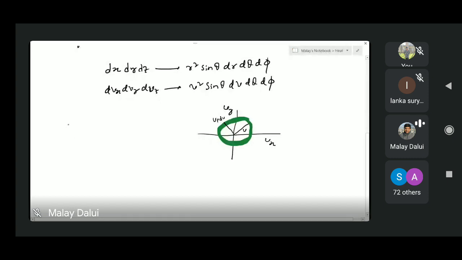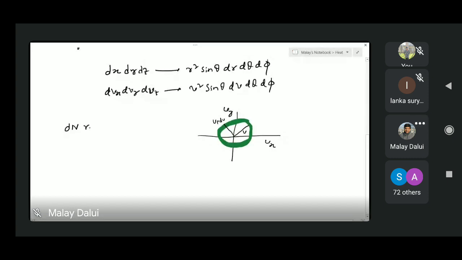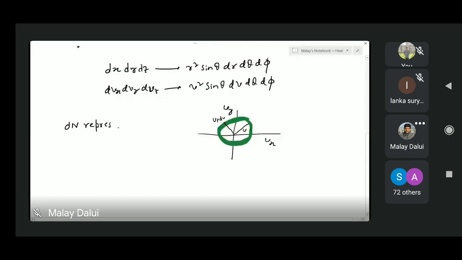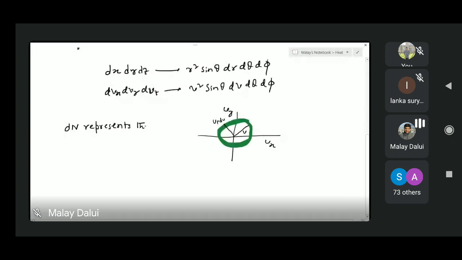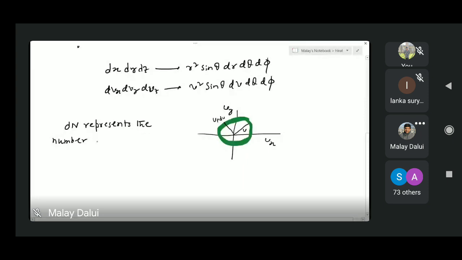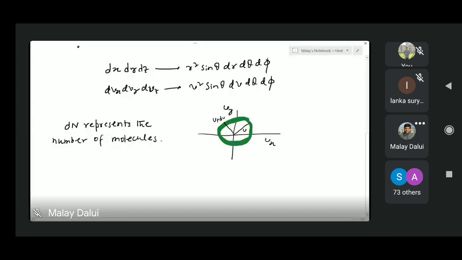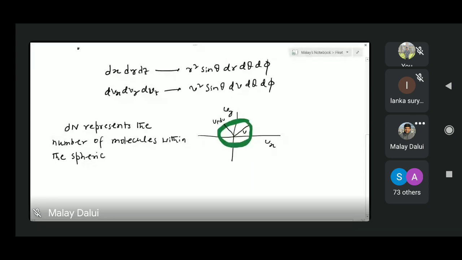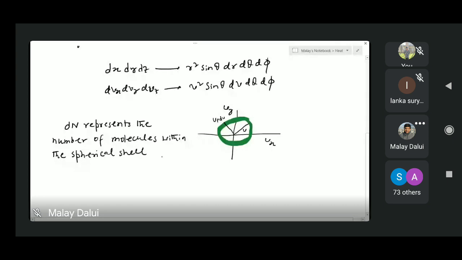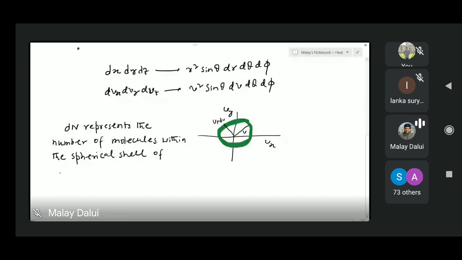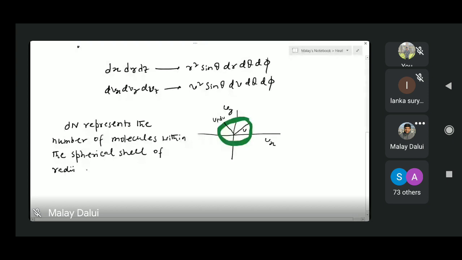Basically, dn represents the number of molecules within the spherical shell of radii v, in between v and v plus dv.